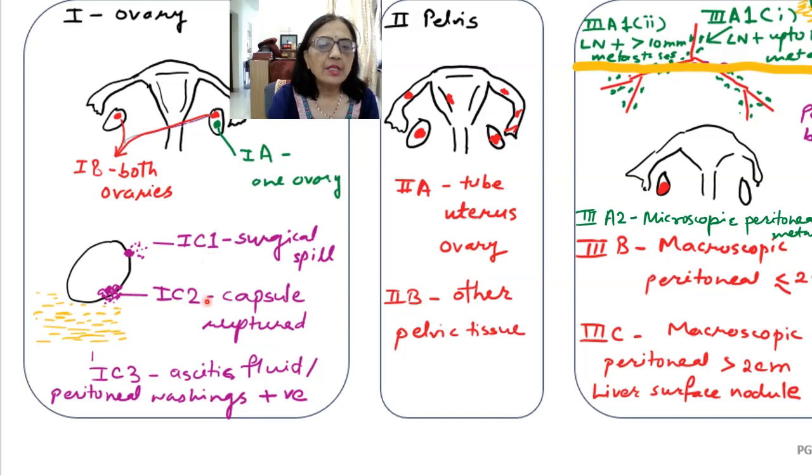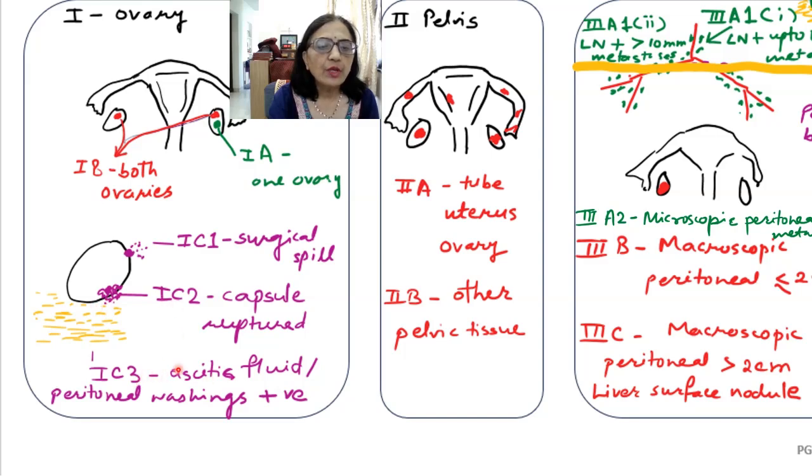Whereas if it is a spontaneously ruptured capsule preoperatively, not because of our surgical interference, then that is C2. The risk is greater when it is a spontaneously ruptured capsule as compared to surgical spill. Surgical spill is C1, whereas spontaneous capsule rupture is C2.